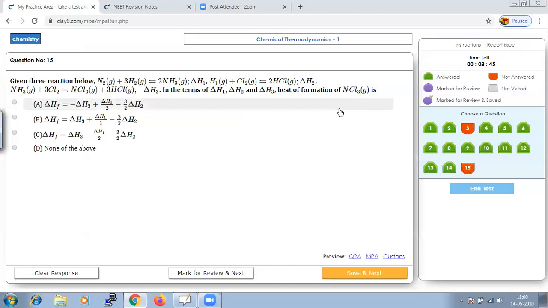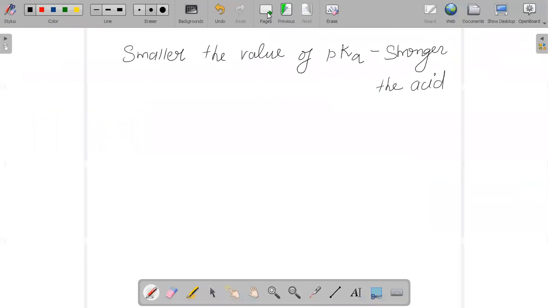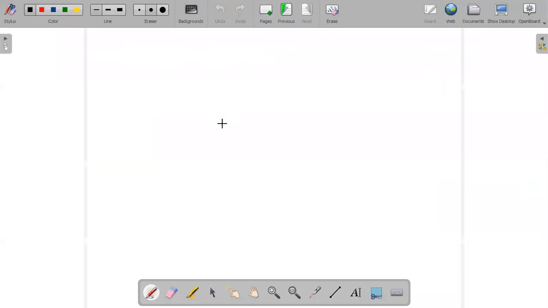As we said, we have to find out the heat of formation of NCl3. That means N2 has to react with Cl2 in order to give us NCl3.